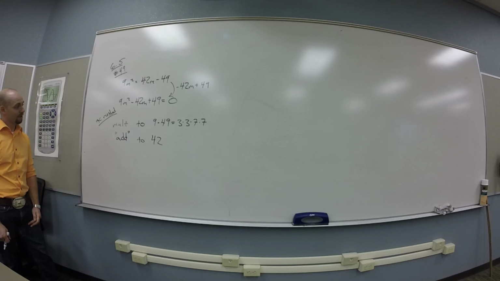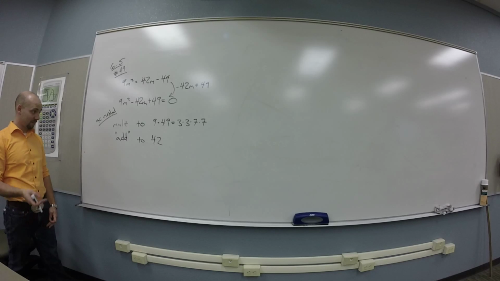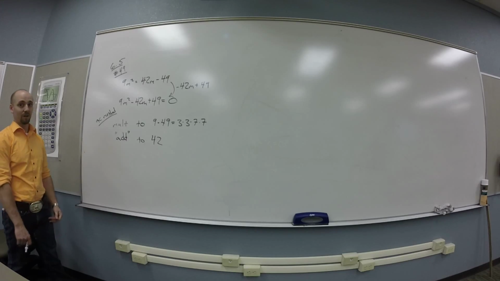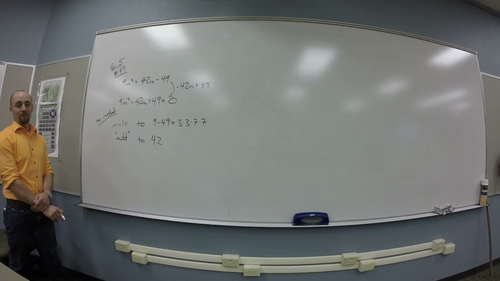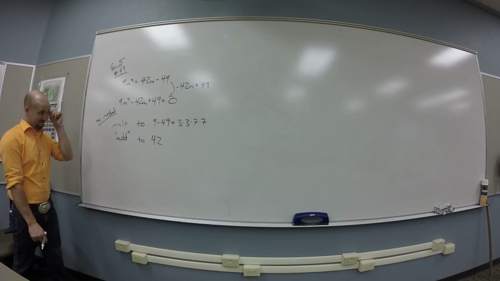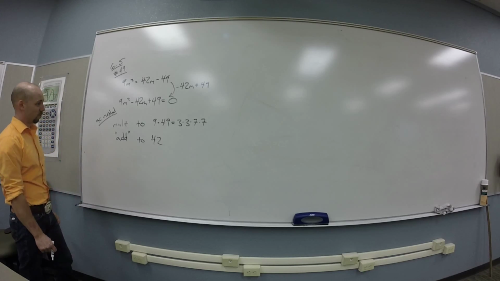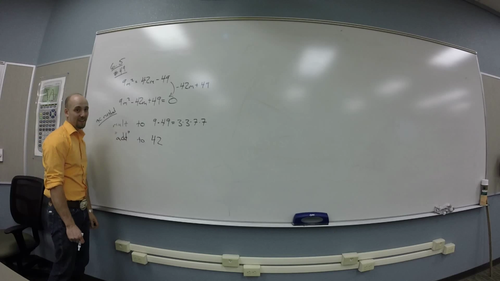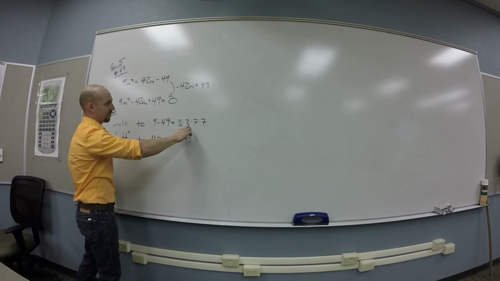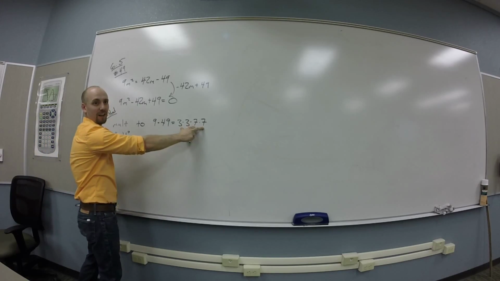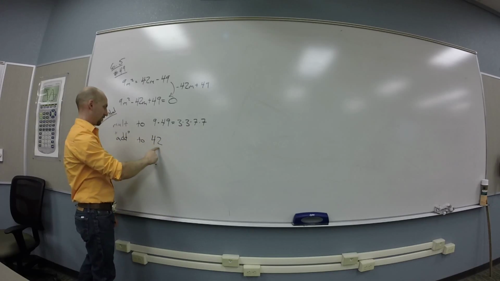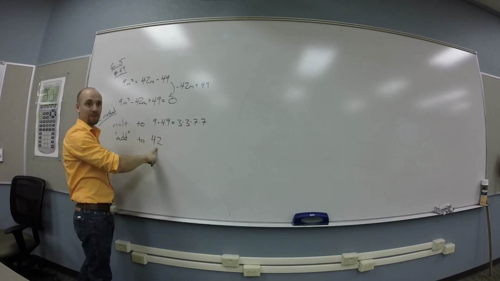Okay, no problem. All right, so I'm looking for multiplies to 3 times 3 times 7 times 7 and adds to 42. Negative 21. Oh yeah, hey, that's cool. You guys see that? This is 21 and 21, right? So a pair of 21s will get me to 42.